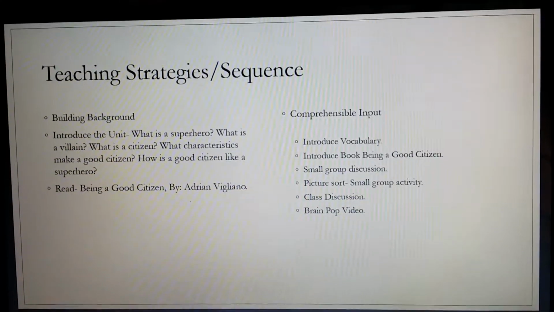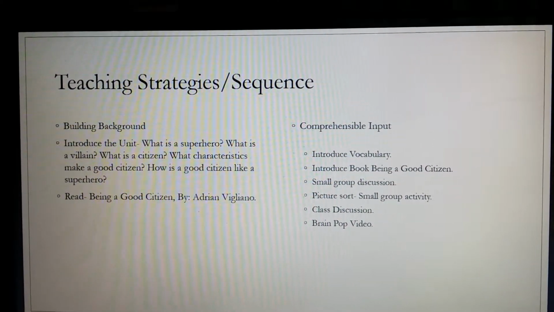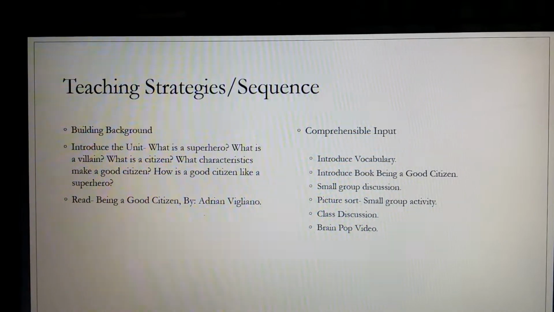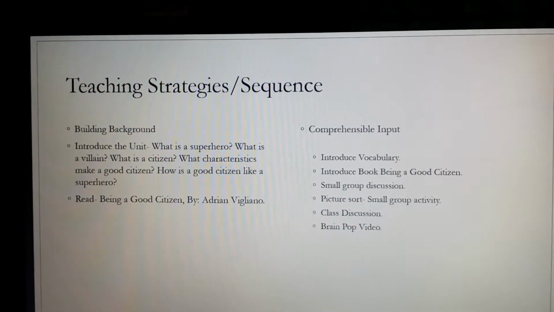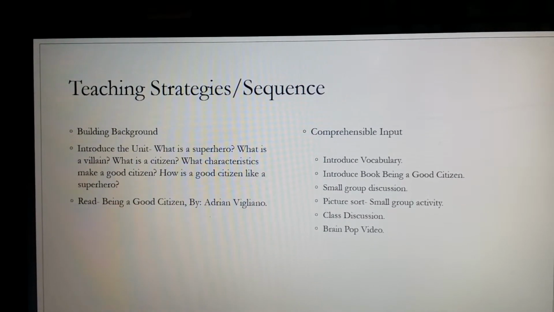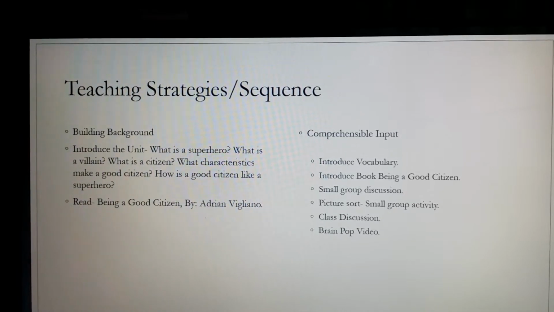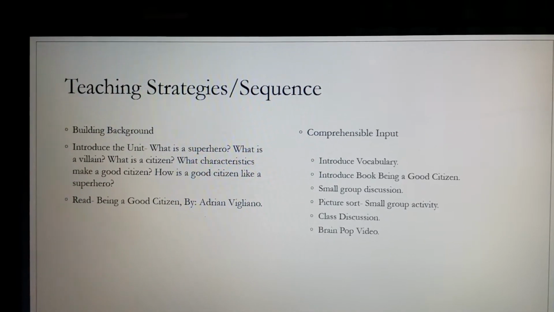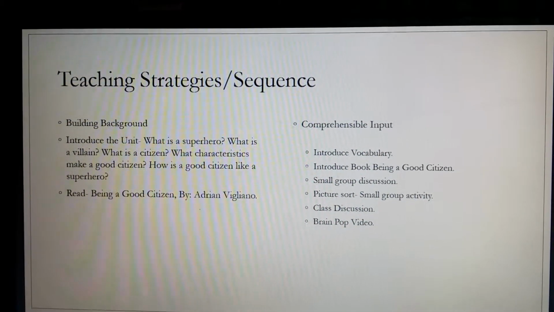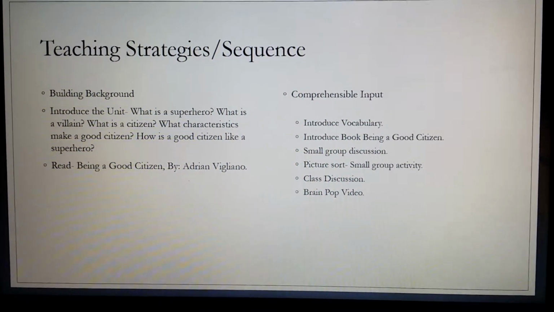Building background. To introduce this unit, we will be talking about what makes a superhero and what is a villain, and what is a citizen, and what characteristics make a good citizen, and how good citizens are like superheroes, and maybe how bad citizens are like the villains.